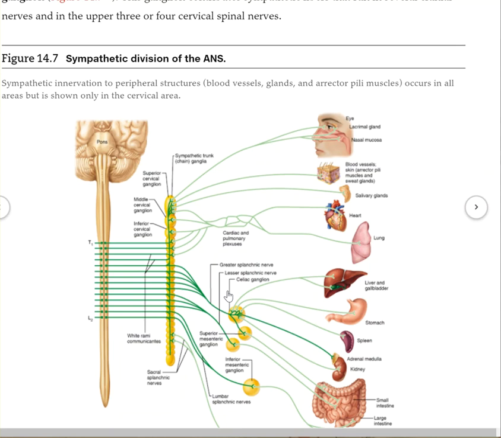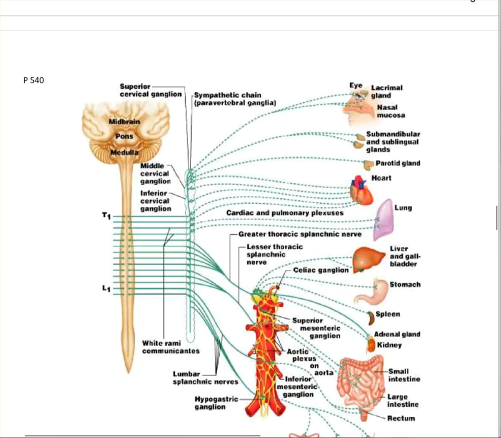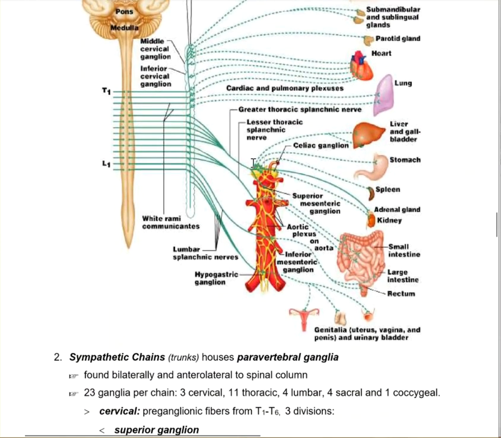The prevertebral ganglia, the ones that are before the organs, still aren't very far away from the spinal cord. The reason I said I liked this picture a little better is the ganglia are right here, and this is all on the aorta, on the descending aorta here, coming off of the aorta.